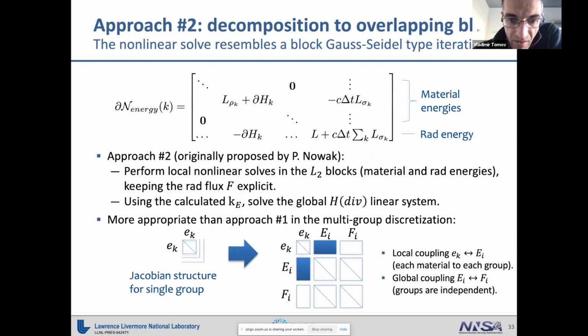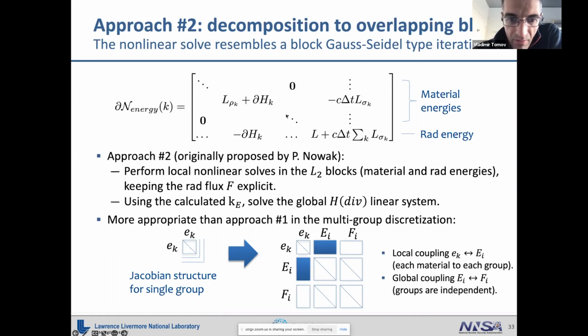The second approach is to decouple, in a sense, the blocks and perform overlapping iteration by lagging some of the blocks. This is more general when we do multiple radiation groups.